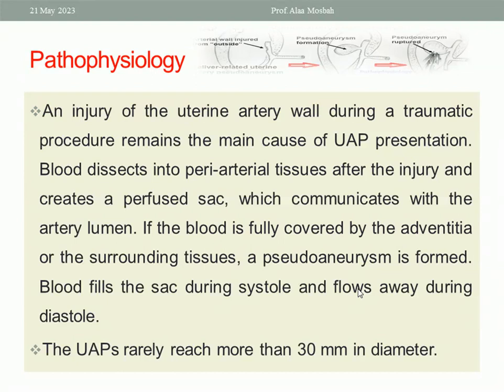If the blood is fully covered by the adventitia or surrounding tissue, a pseudoaneurysm is formed. Then blood fills that sac during systole and flows away during diastole. The uterine artery pseudoaneurysm rarely reaches more than 30 mm in diameter.